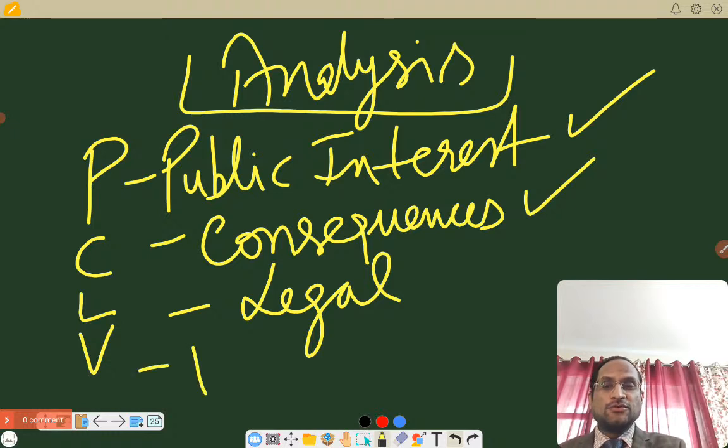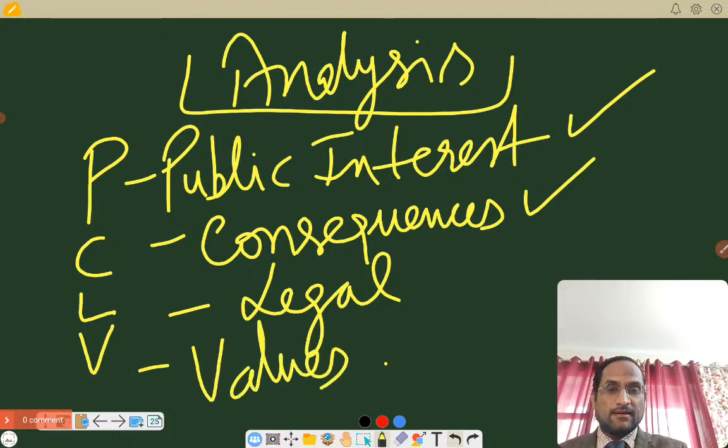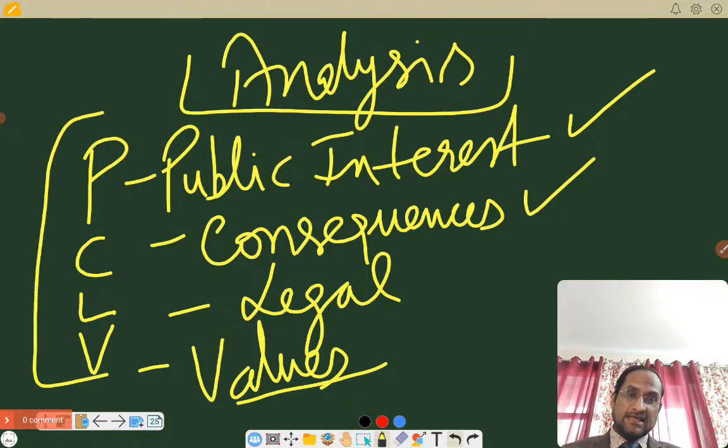Then the values, whether it is adhering to the common generic values, humanitarian values, and then your call of conscience, your inner voice, whether it follows your call of conscience or not. All these dimensions should be there. PCLV. Remember this. This is how you have to do. After this analysis, you can choose your course of action.